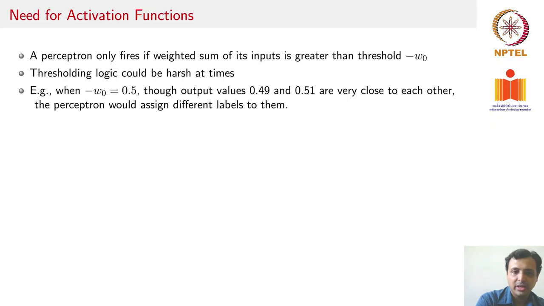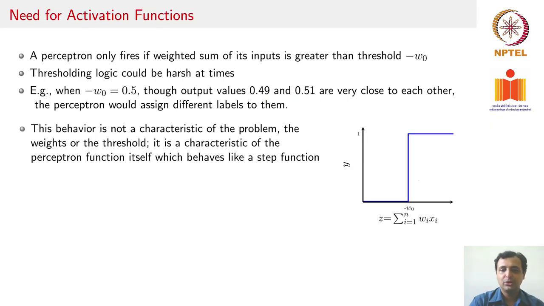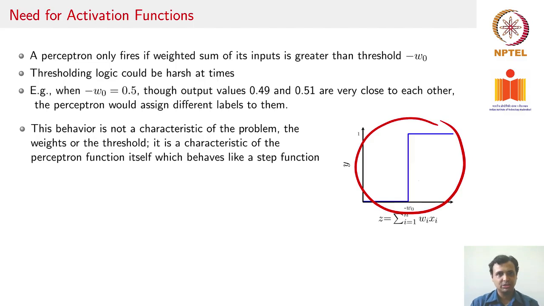For example, if your minus W naught was 0.5, even 0.49 and 0.51, which are very close to each other, will end up giving very different results because one of them is below the threshold and one of them is above the threshold. Which means your thresholding function is a step function where you have a sudden change in your output even with a very small change in your input.